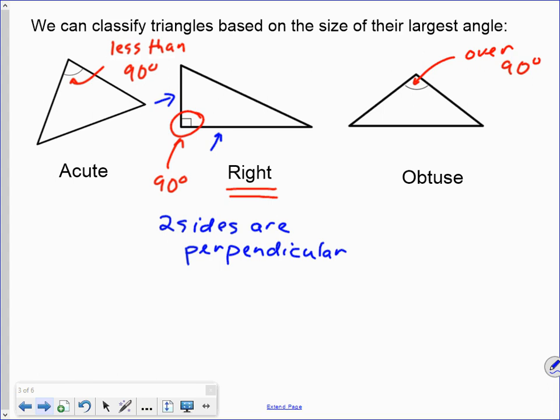So if we can find when two sides are perpendicular, we're going to know that it's a right triangle. Whereas if no sides are perpendicular, it's going to be either acute or obtuse. And rather than write the word perpendicular, I'm just going to use this perpendicular symbol here.